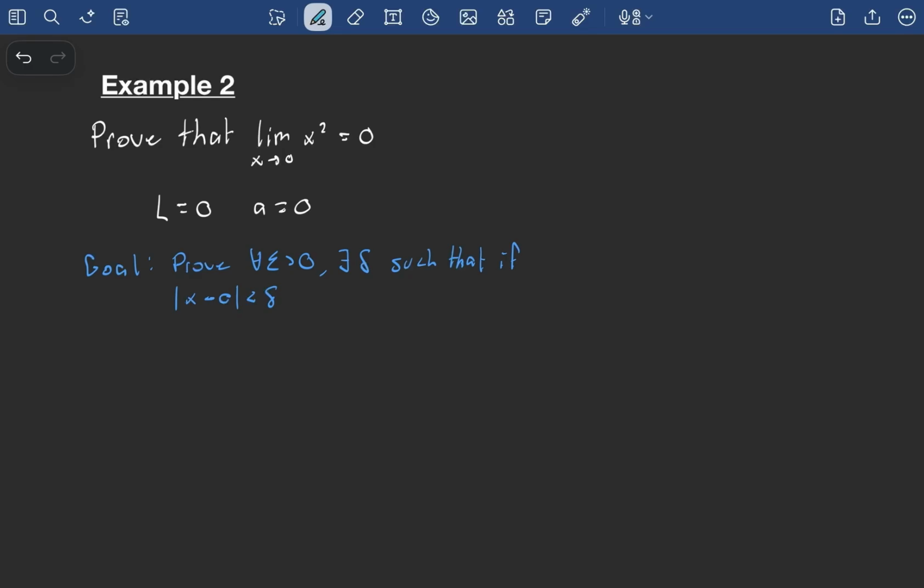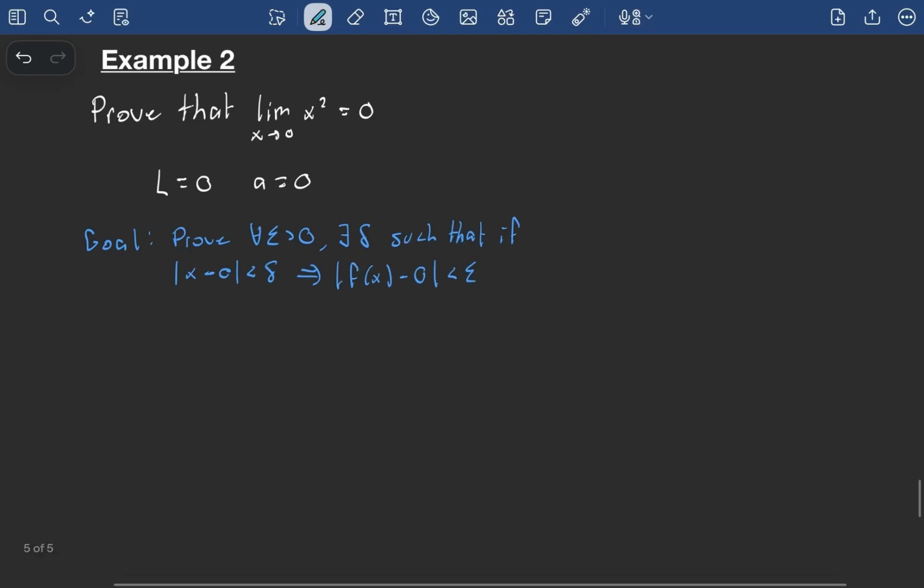So if x is close to 0, then that must imply that the absolute value of f of x minus L, which is also 0, is less than epsilon. So that's our goal. We need to prove that.